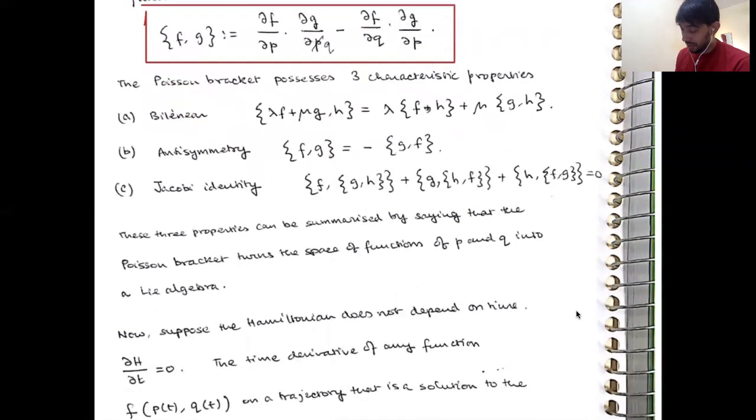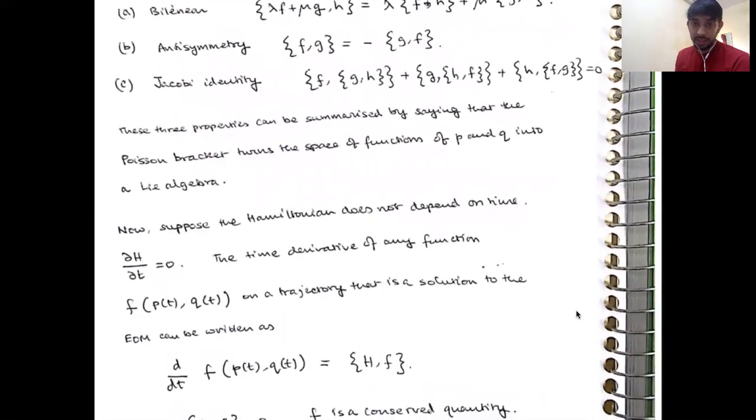Now, suppose you had a Hamiltonian that did not explicitly depend on time. Then you could look at the time derivative of any function on a trajectory like this, and if that's a solution to the equations of motion, then you can write d/dt of f as the Poisson bracket of h with f. I am sure that most of you know this, but if not, I'd urge you to sit down and work this out.